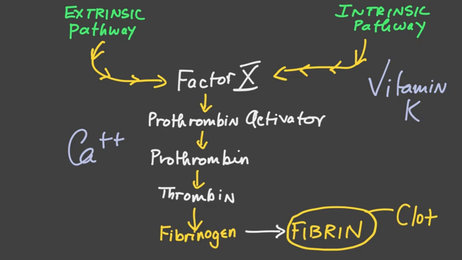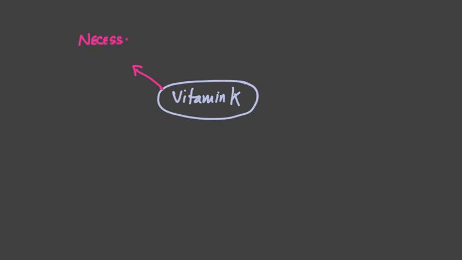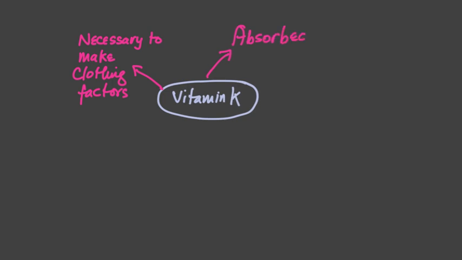The function of vitamin K is to help make 4 of the major blood clotting factors. We need some background information about how vitamin K works. We know that vitamin K is necessary to make some major clotting factors. Vitamin K is fat soluble, and so it must be absorbed into the digestive system along with fats.